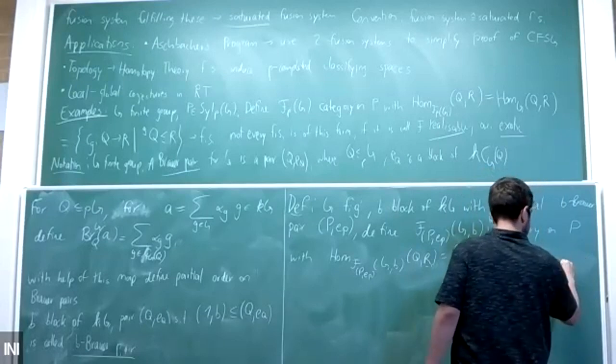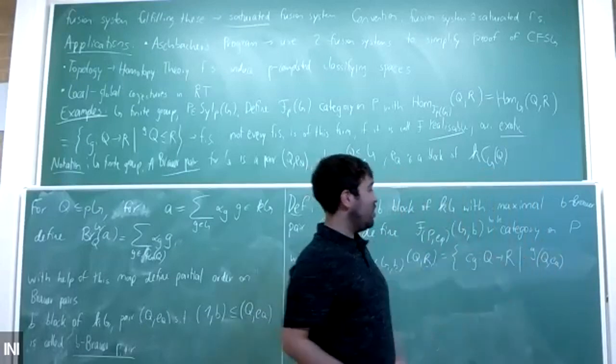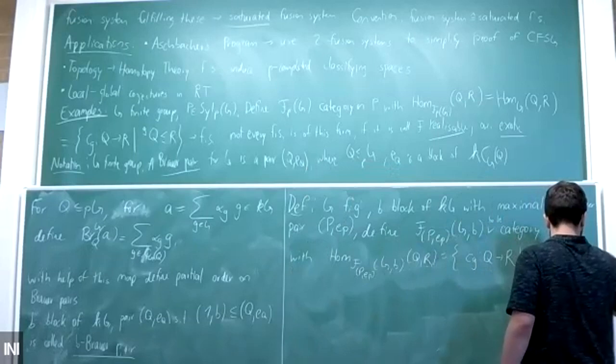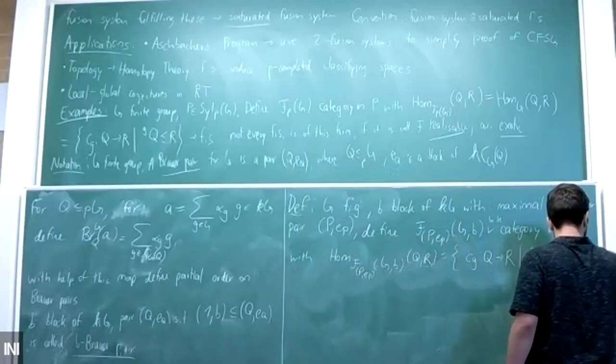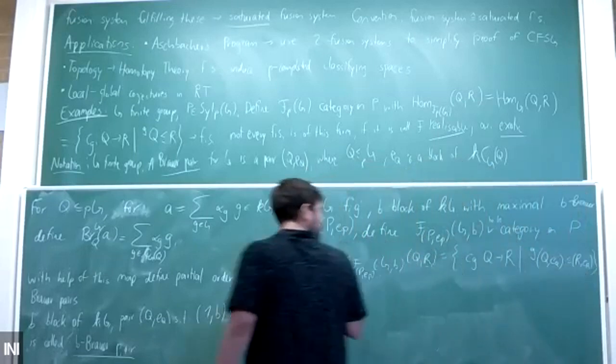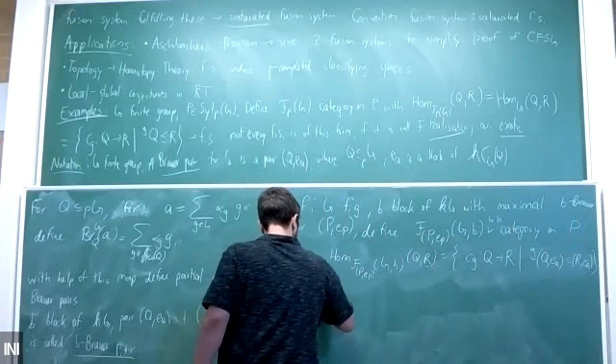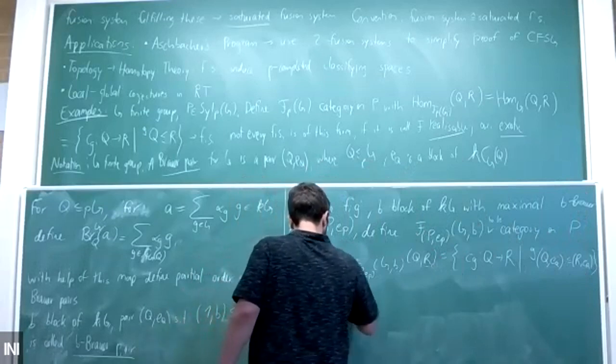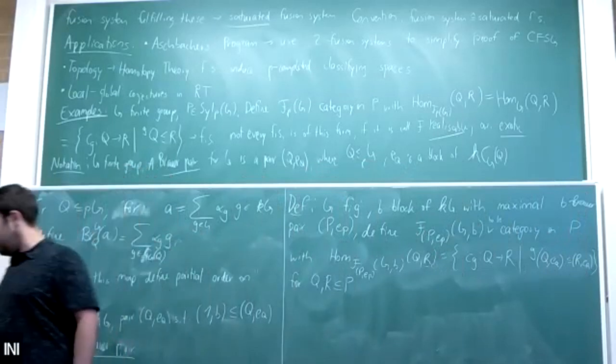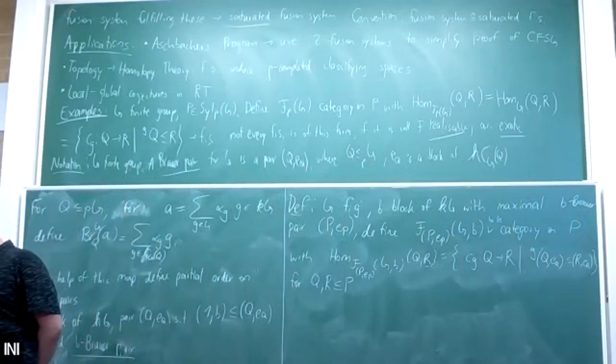So here this translates to having that g acting on (Q, e_Q) needs to be less than or equal to (R, e_R), for subgroups Q and R of P.